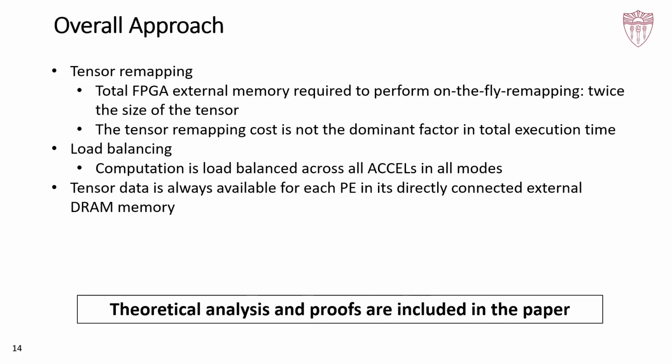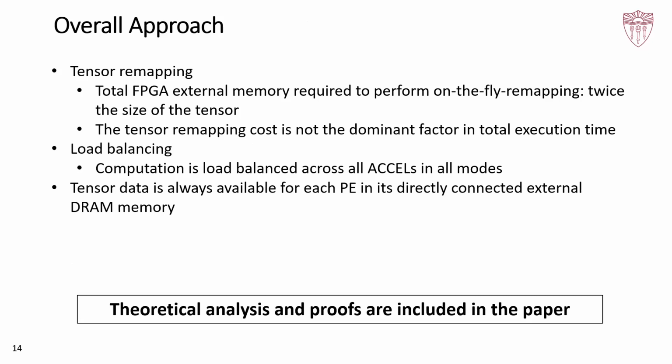In our paper, we have performed a thorough theoretical analysis and provided proofs to show that when it comes to tensor remapping, the total FPGA external memory required to perform on-the-fly remapping is always twice the size of the tensor, no matter how many modes or dimensions the tensor has.